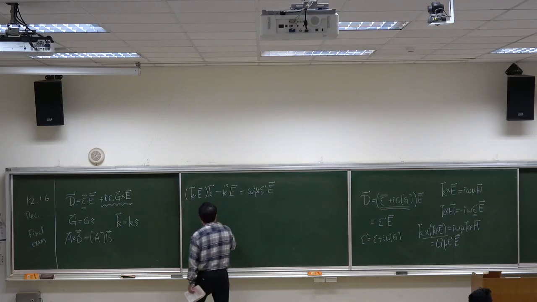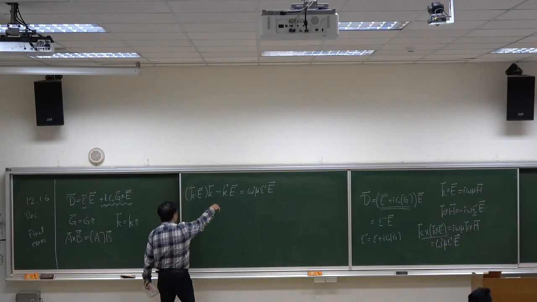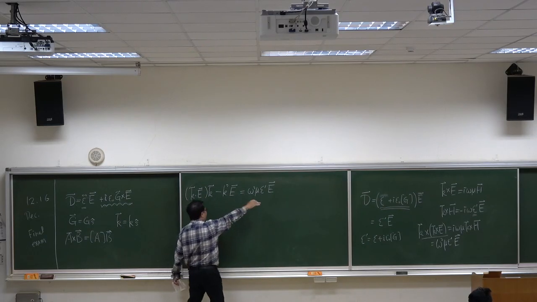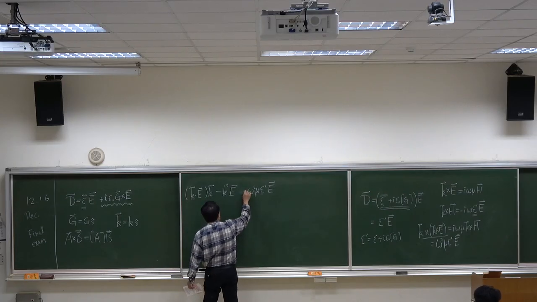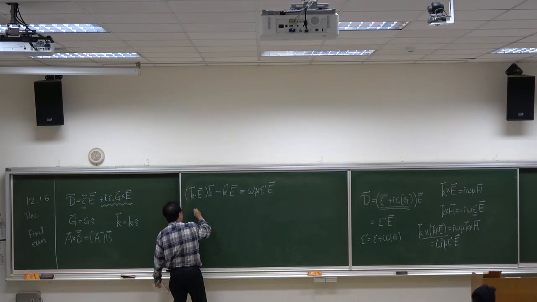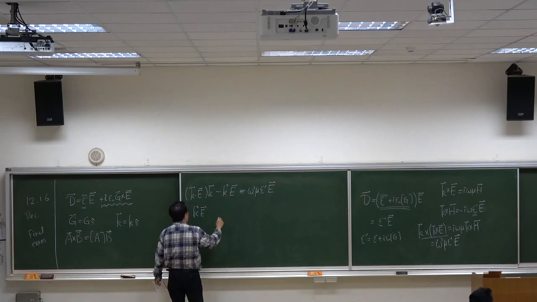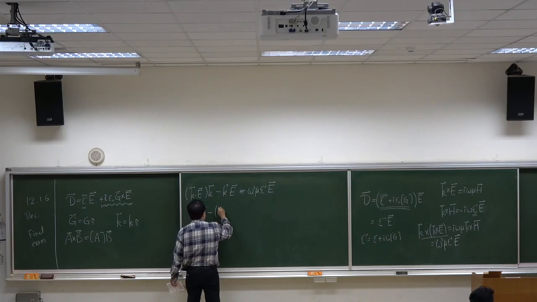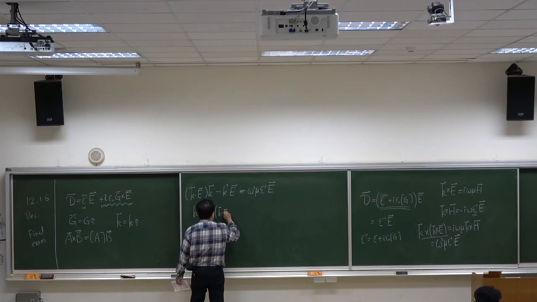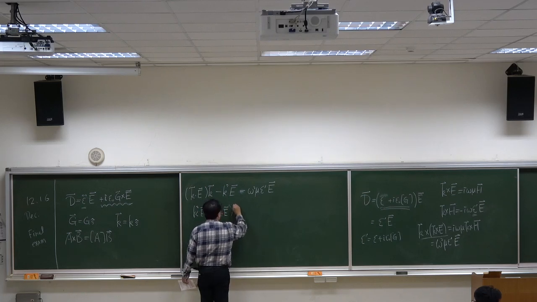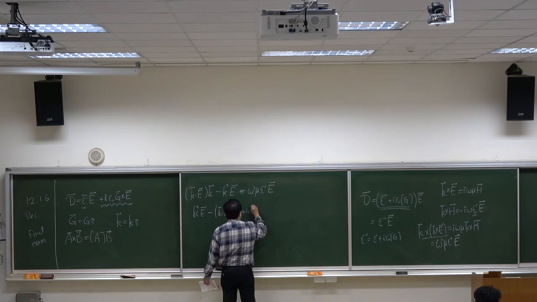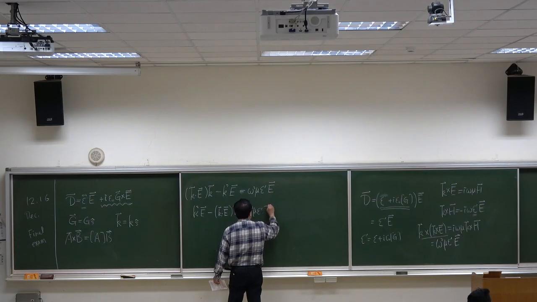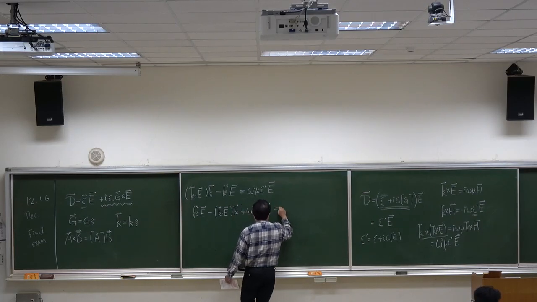And this means that you can write up this equation. Okay. You can write this as K squared E minus K dot E K plus omega squared mu epsilon prime times E equal to 0.